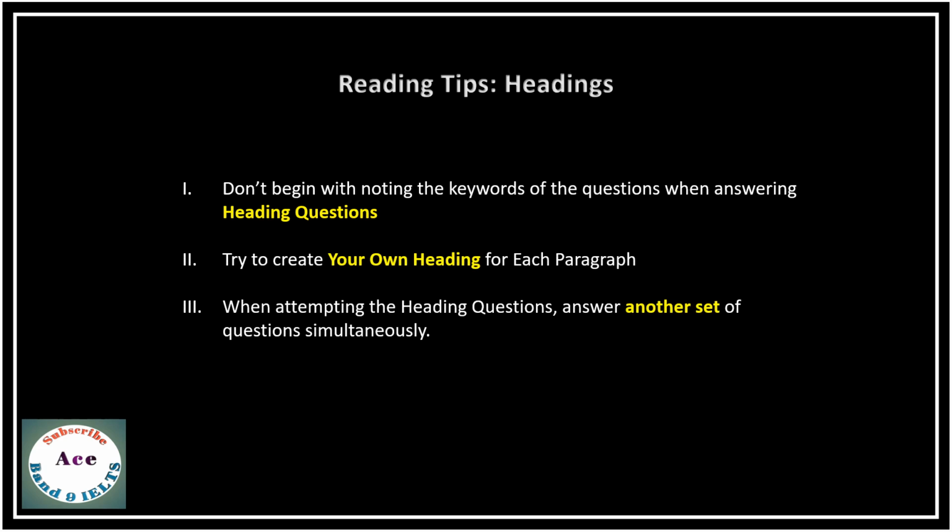Third, when attempting the heading questions, answer another set of questions simultaneously. You know that each reading passage has 2 or 3 sets of questions. When one of the sets happens to be the heading questions, then you must note the keywords of the remaining sets of questions.